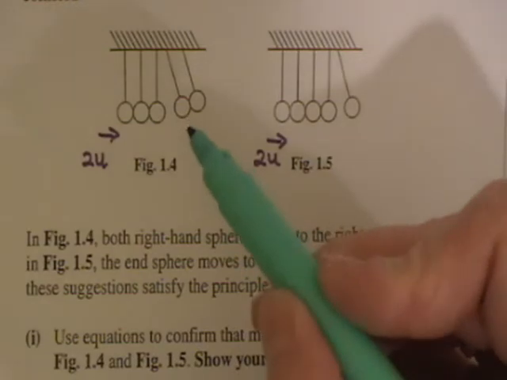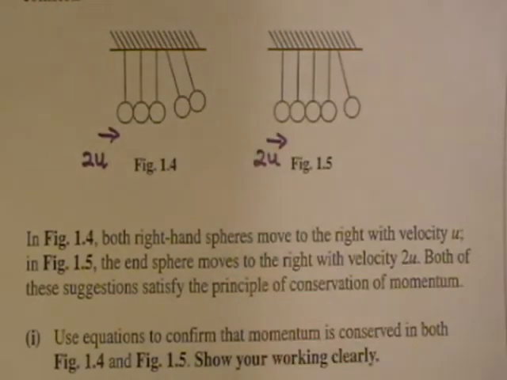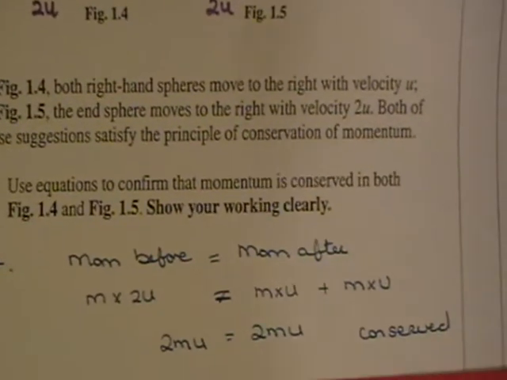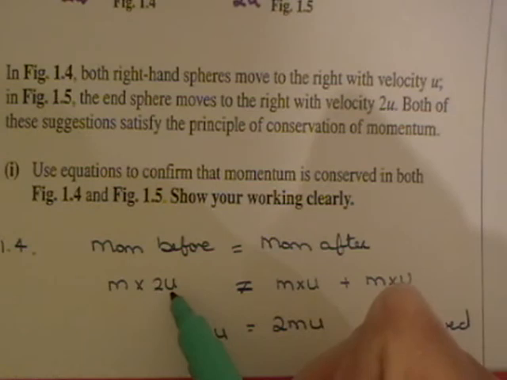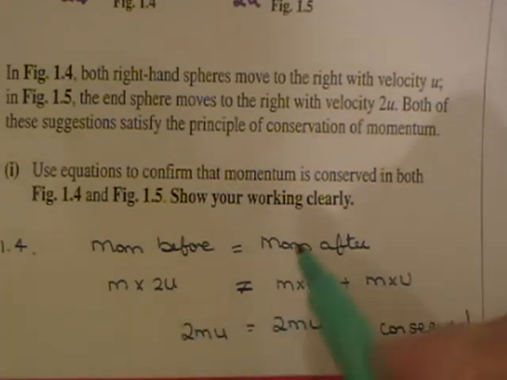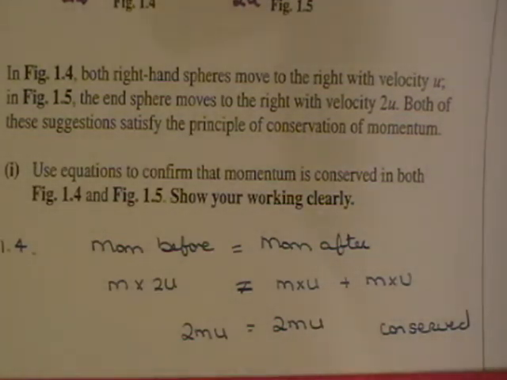And then at the other end here you can see two spheres, each with mass m and each with a velocity of u. So you can see there that I've written down m times 2u, which is your initial momentum of the first sphere, is equal to the two end spheres mu plus mu, which gives you 2mu. And therefore 2mu before and after means momentum is conserved.